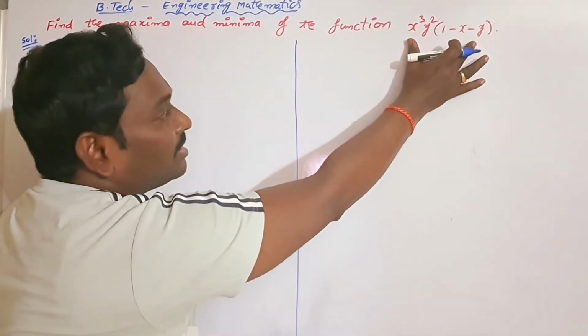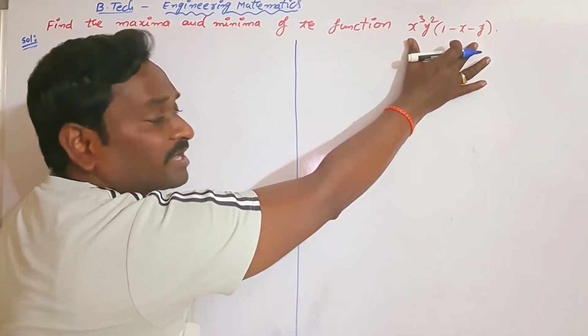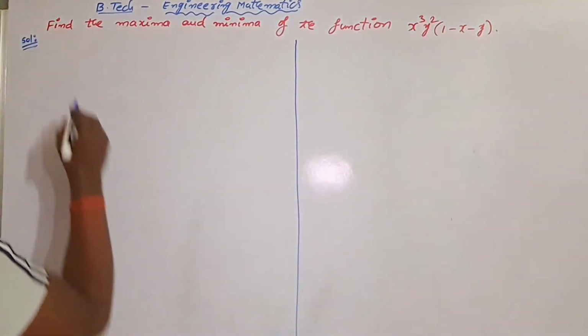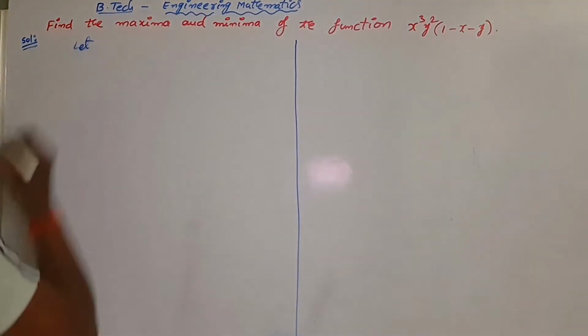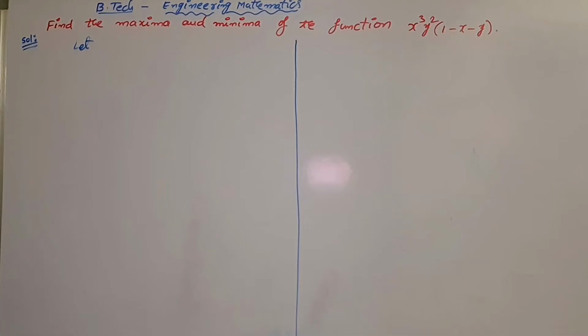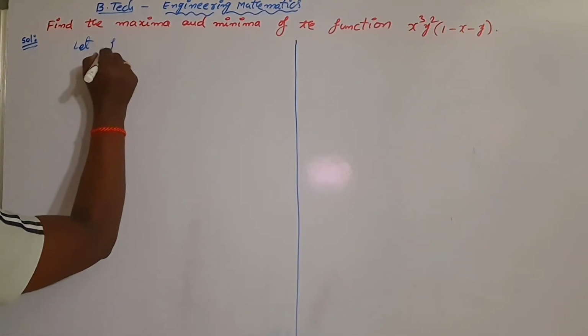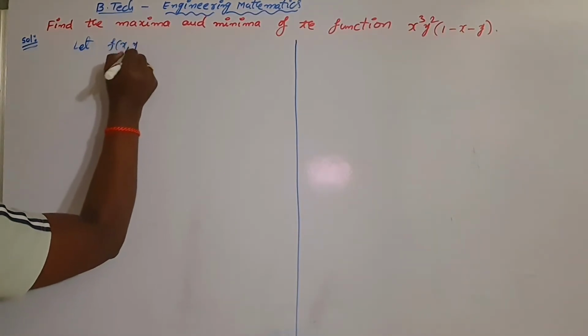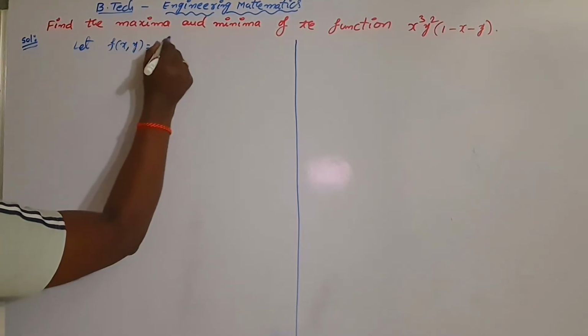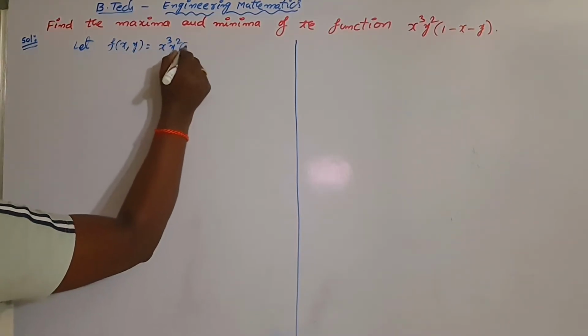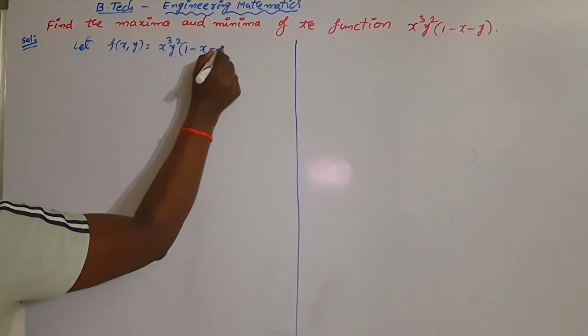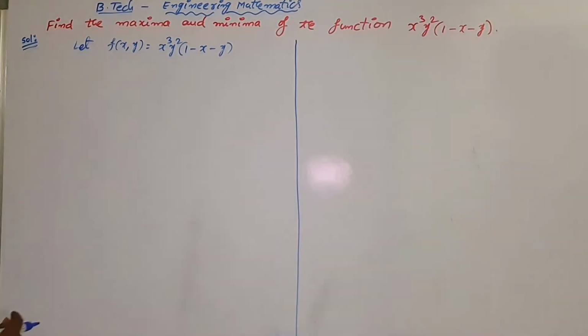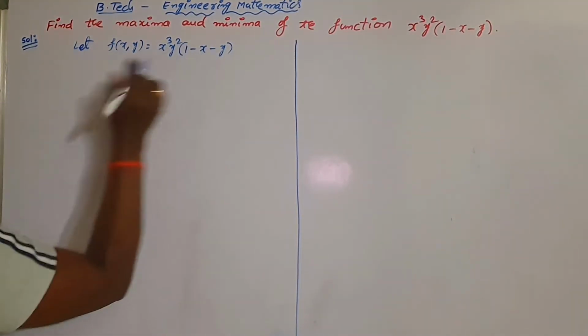First of all, let us represent the given function as f(x, y). Let f(x, y) = x³y²(1 - x - y). For our convenience, take this term inside.